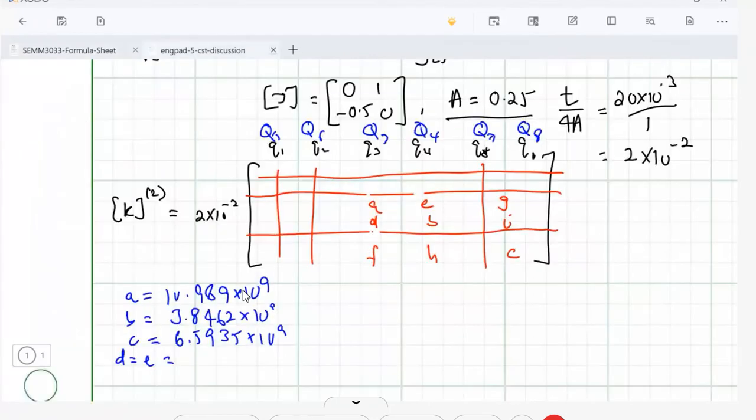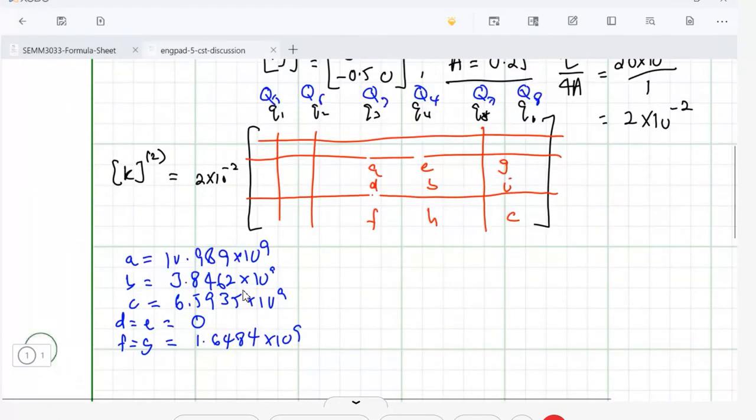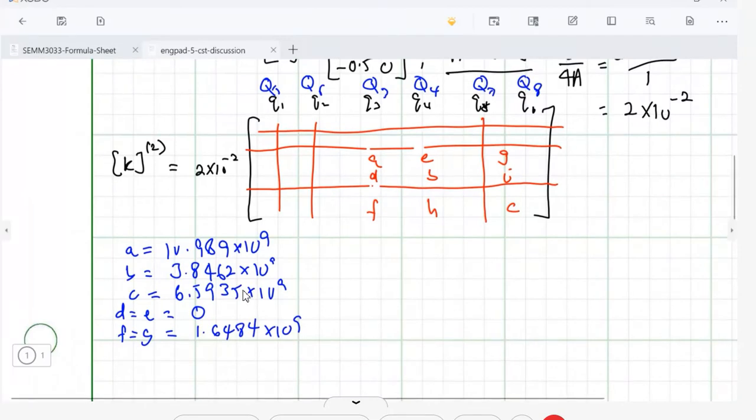And then we can find F equal to G equal to 1.6484 times 10 to the power of 9. And then H equal to I, and this should equal to minus 3.8462 times 10 to the power of 9.